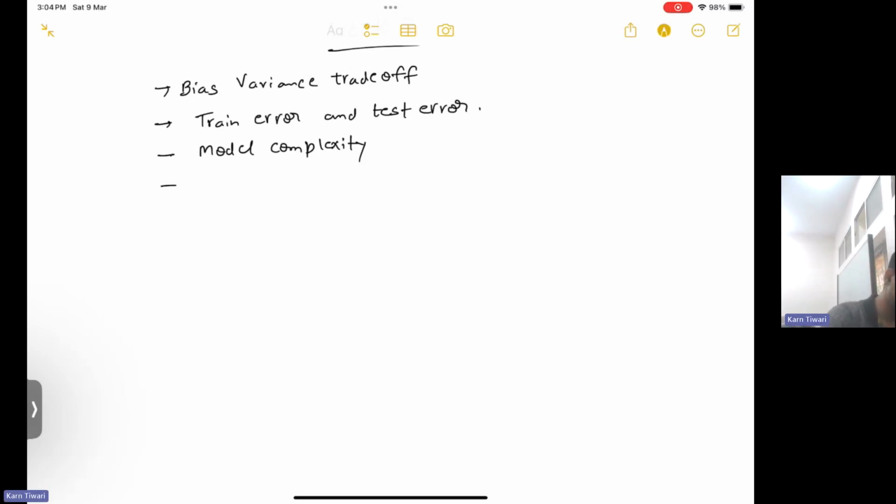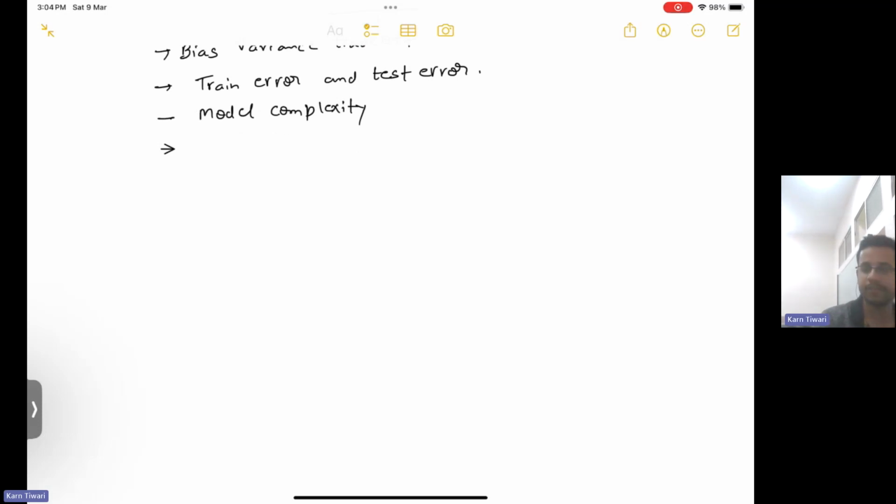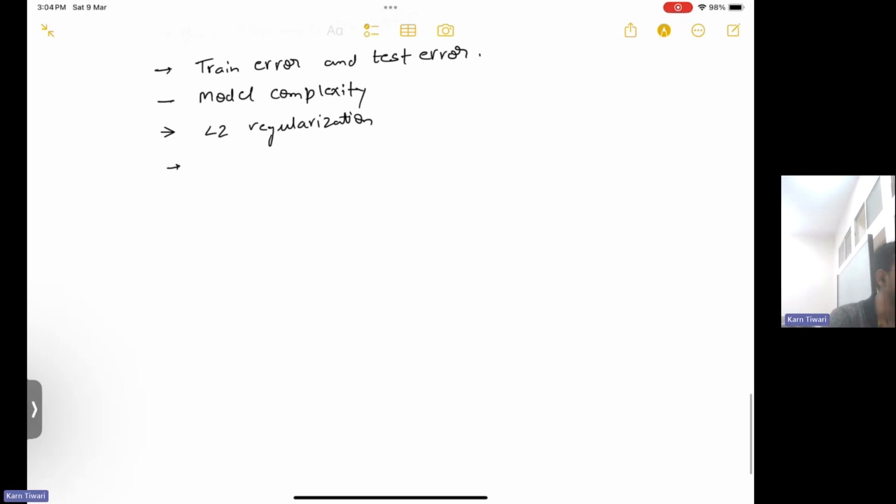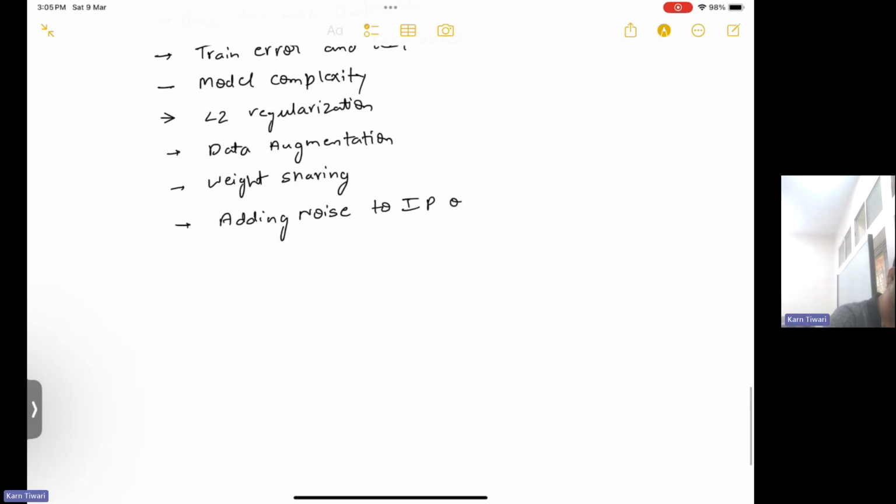Okay. So that's where we'll be seeing some of the concepts to avoid overfitting, which include L2 regularization, then data augmentation, weight sharing, then adding noise to input or output.